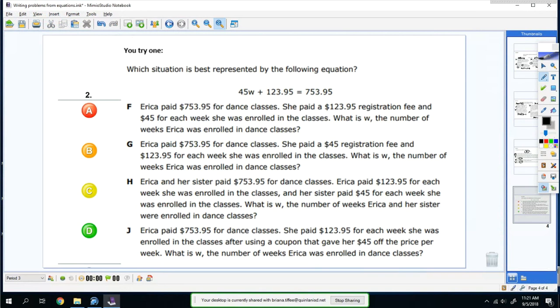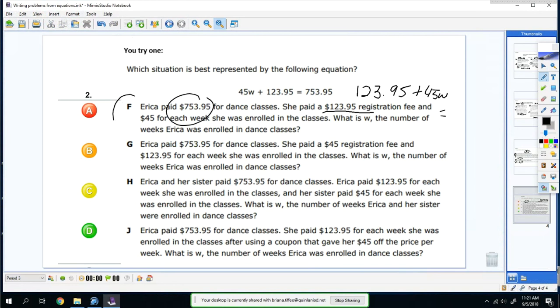Okay, F. Eric paid $753.95 for dance classes. She paid a $123.95 registration fee. Okay, so that's one time. So that's good so far. So we have 123.95 plus $45 for each week. So that'd be 45W, and your total was that.